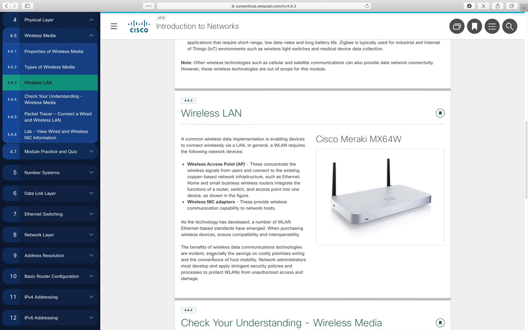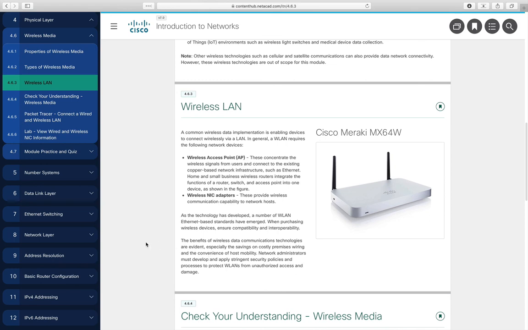To create a wireless local area network, there are a couple things you need. Over here on the right, we have a wireless access point. These are antennas to receive and transmit data. Basically, you would connect this to an Ethernet or some type of ISP, and then it will talk to your wireless devices.